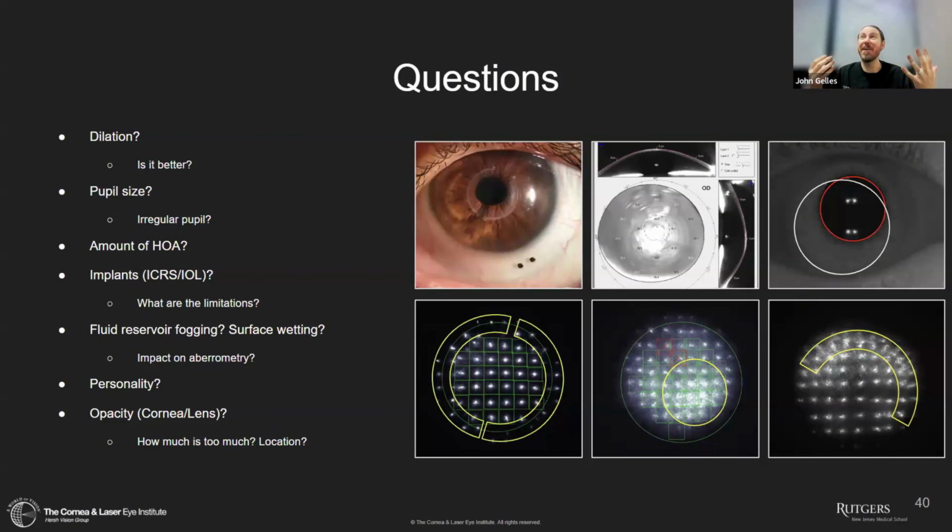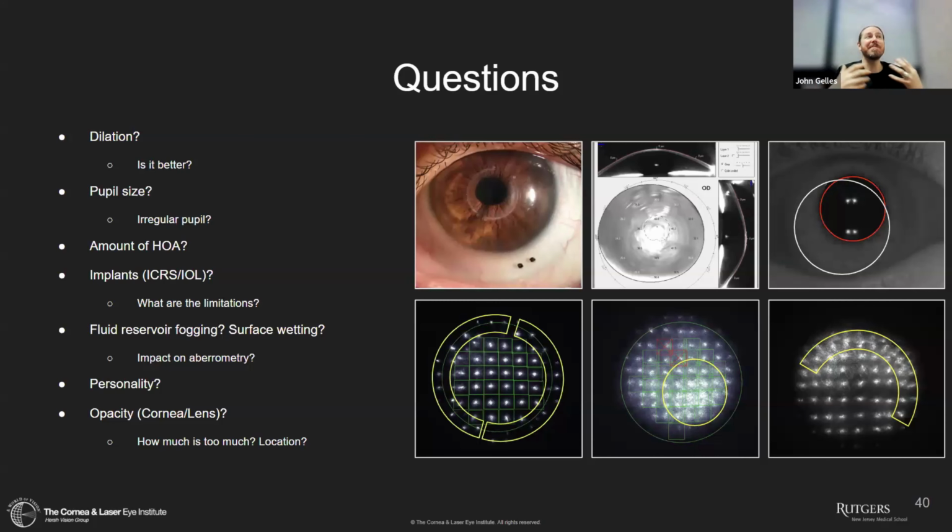What I found, and you saw that in that herpetic case, is that even patients who have normal eyes and small amounts of aberrations still get improvements, and they still notice the difference. So, there may not be a minimum quantity of higher order aberrations that can be benefited.